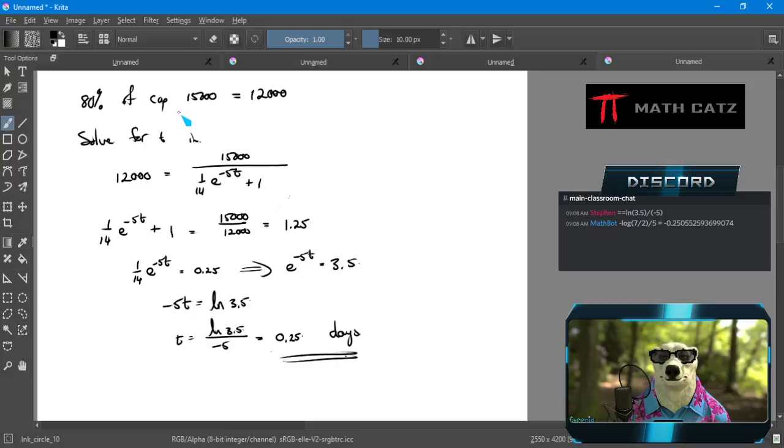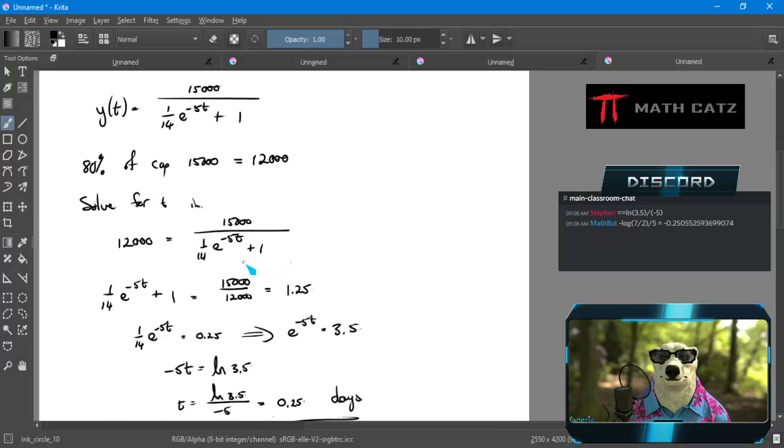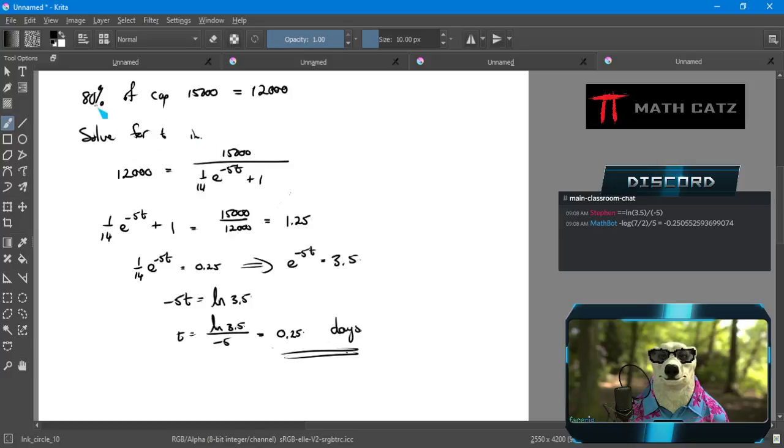Let's just double check over this to see if I went really fast. So we have our function, and our function is good. If, for example, we want to know when I reach 80% of the capacity, which is 12,000, I put that in to my y value. That's the population size, and I want to know when that happens.